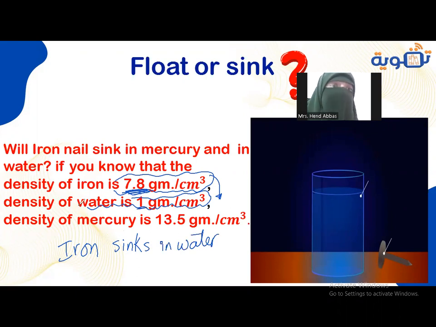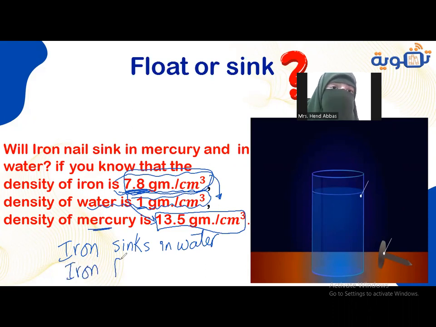What about this iron nail if we put it in mercury? This is the iron density, and this is the mercury density. Which one has higher density? Mercury. So mercury will sink and the iron will float.